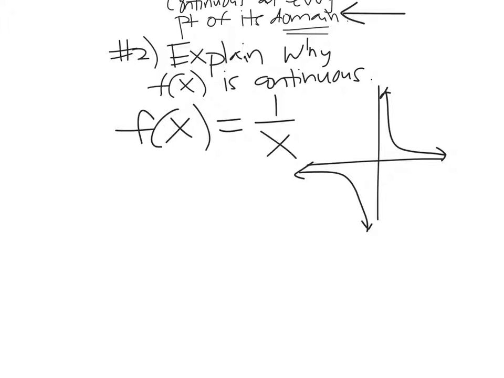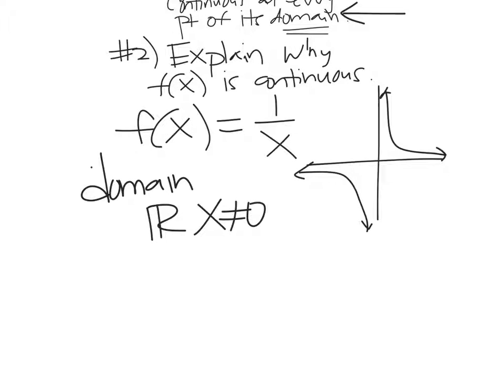Is 0 in the domain of that function? No. The domain of this function is all reals except for 0. So is this a continuous function? Yep, it is. It's continuous because it's continuous at all the points in its domain. 0 is not in its domain, so I can't even talk about that.